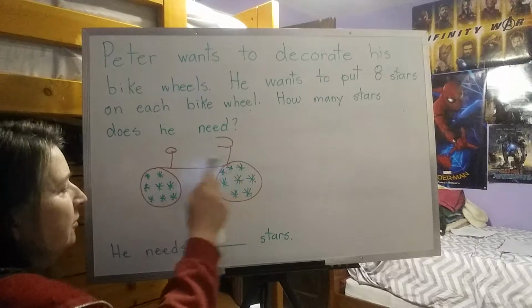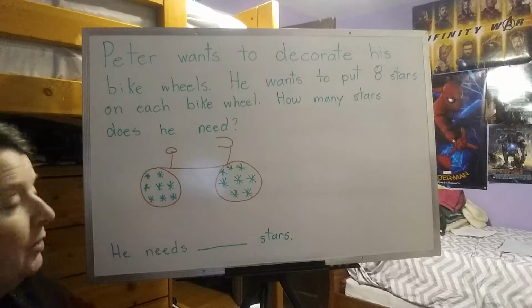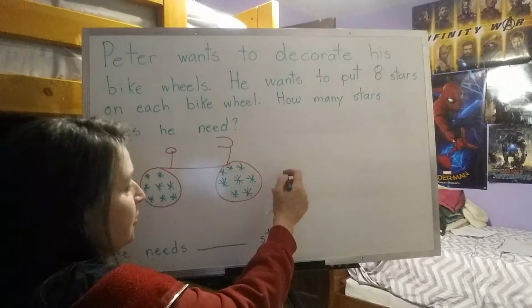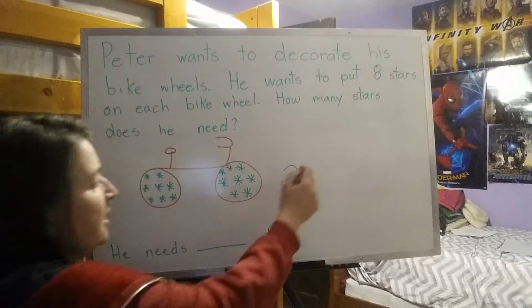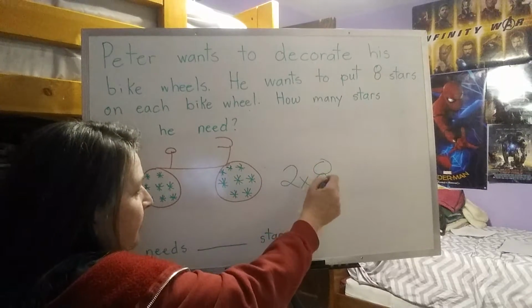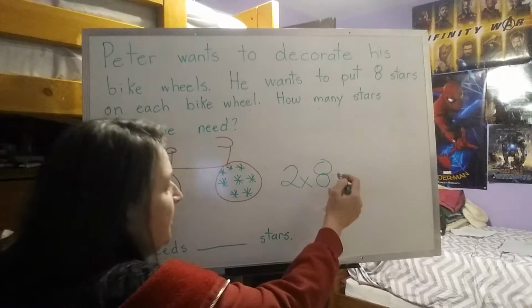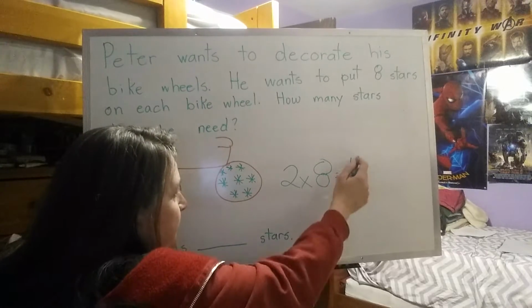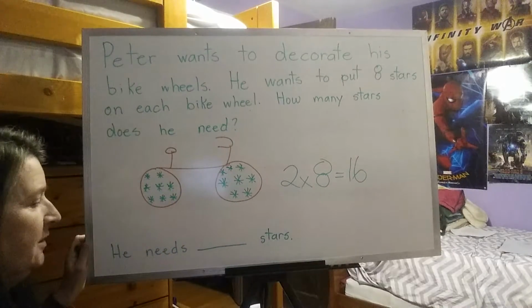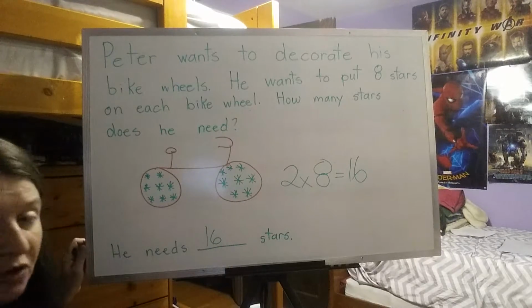Each wheel is a group. I have got 2 groups of how many stars? 8 stars. 2 groups of 8 stars gives me 16. He needs 16 stars.